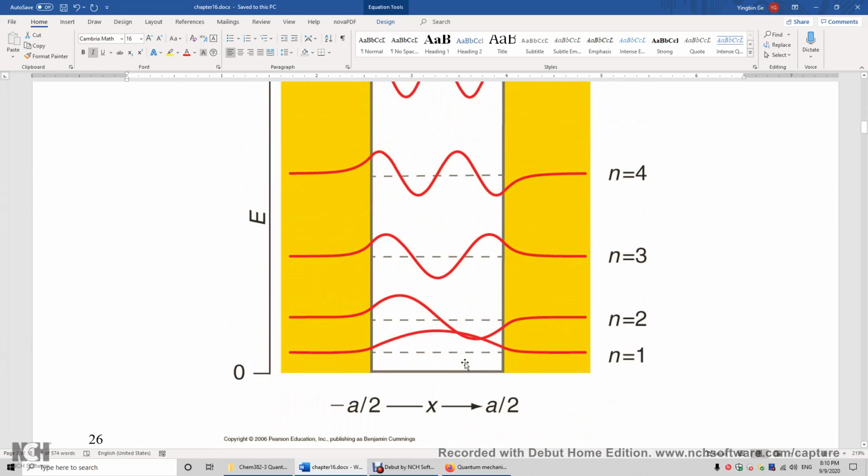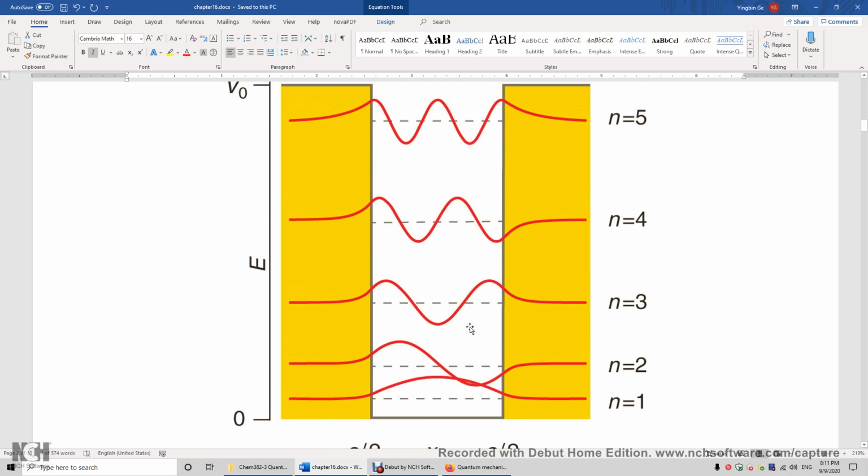All right. Now let me show you the shapes of the wave functions. This is the wave function with the lowest energy, second lowest energy, third, fourth, and fifth. If you recall the shapes of the wave functions for the particle in a one-dimensional box with an infinite energy barrier, they look almost exactly the same, except that if you pay close attention over here, this wave function is non-zero outside the box.